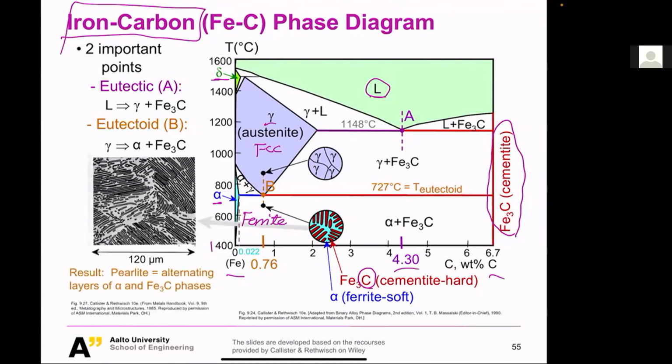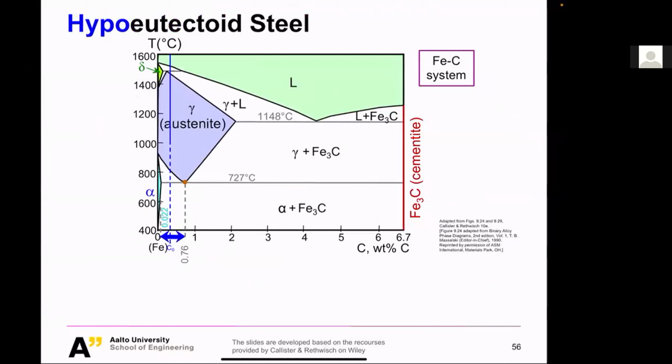And now you get the microstructure, and you also see in reality how it looks. It's really a kind of laminate structure with these layers alternating with each other. All right, good. Once again, as we did with the binary eutectic system, now we're going to do something more complicated here, because we introduce the eutectoid reaction, and there will be something specific for the eutectoid composition.